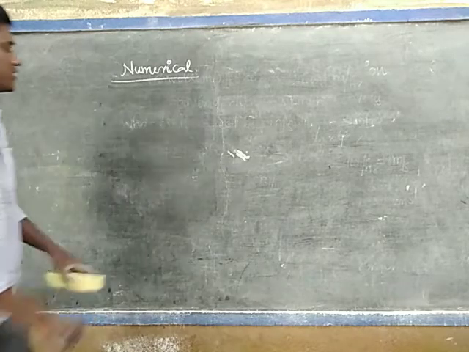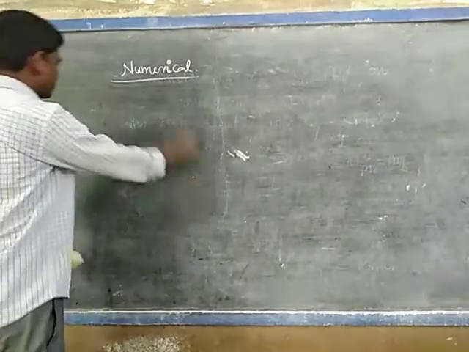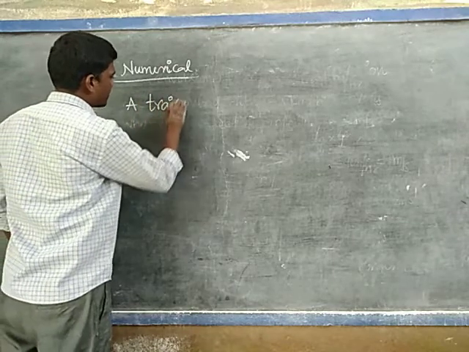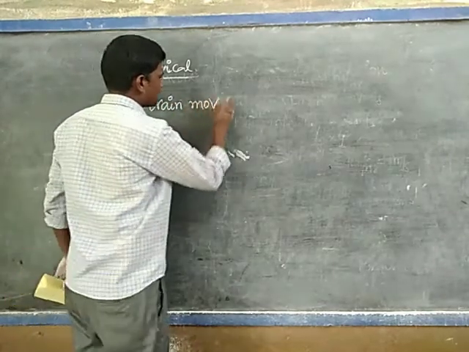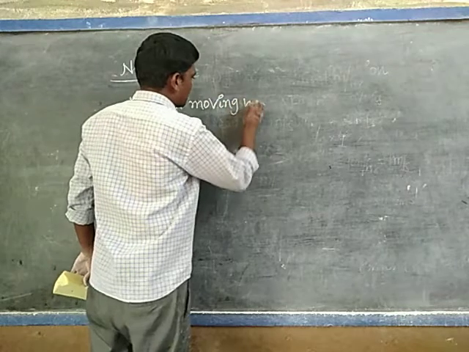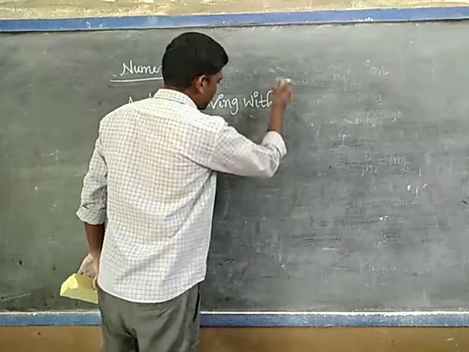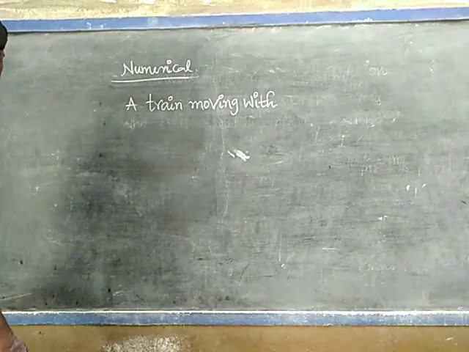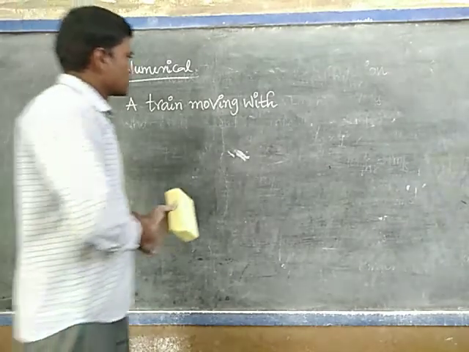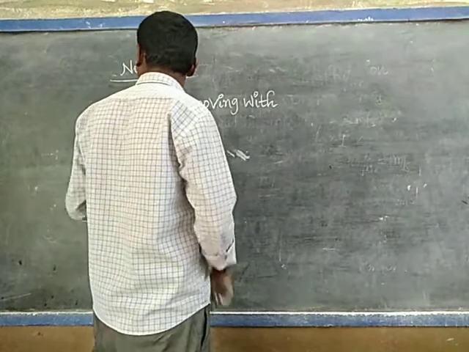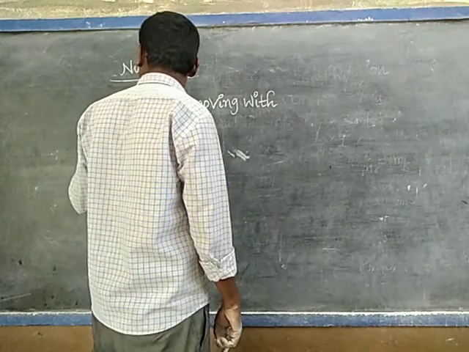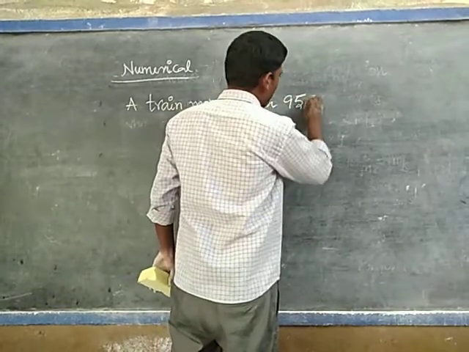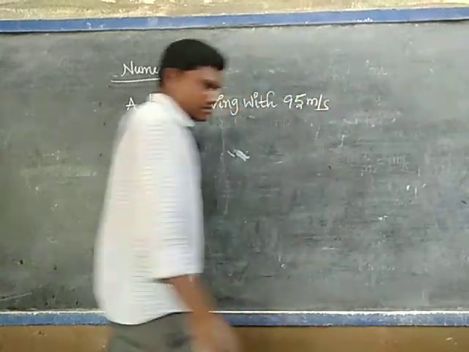Next is another numerical. A train moving with 95 meters per second.